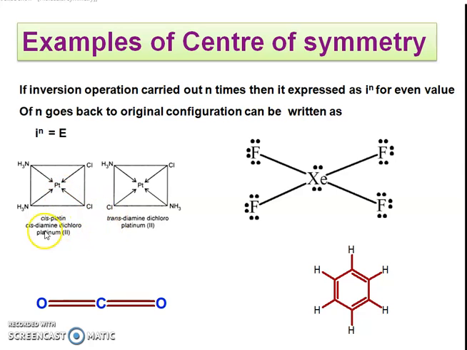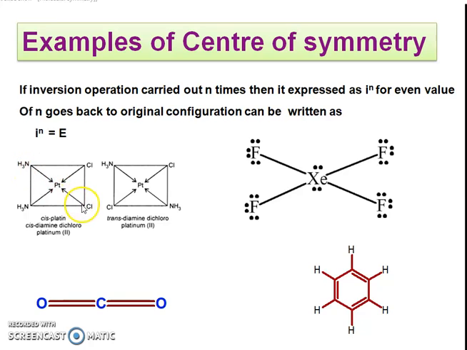The next molecules are cisplatin and transplatin. Does cisplatin have a center of inversion, yes or no? And this is transplatin, trans-diamminedichloroplatinum.